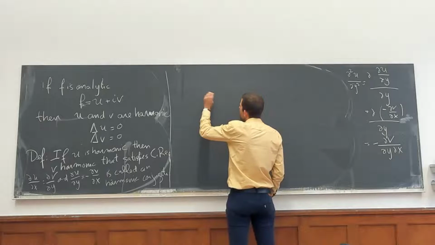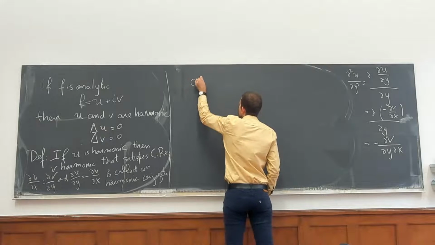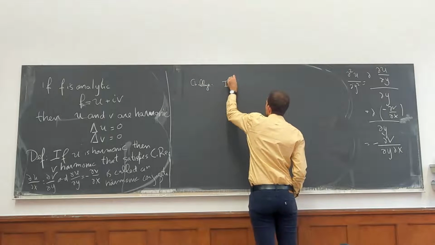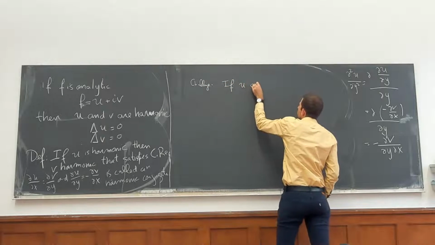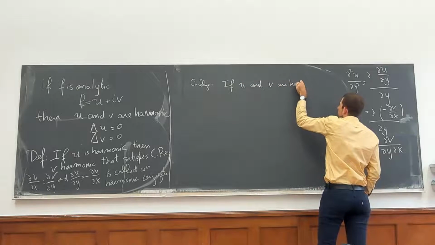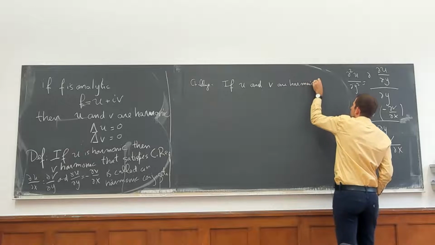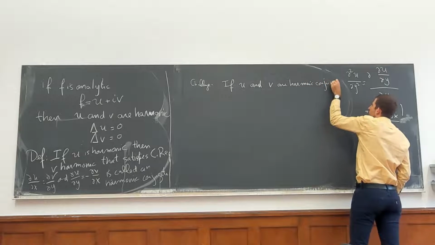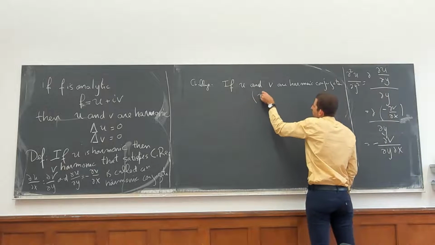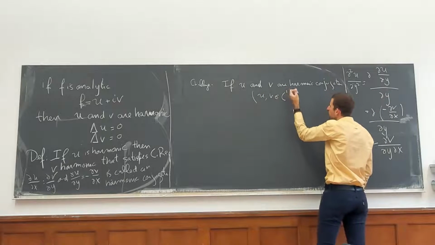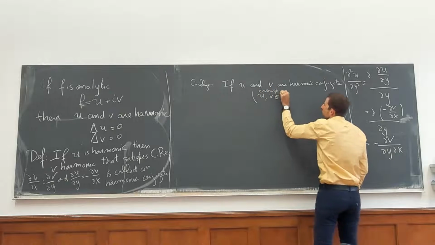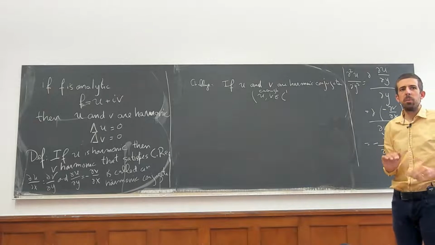And so let's say, challenge, or homework: if u and v are harmonic conjugates, in fact, all you need is u and v to be C1, and it's enough. For now, I'm not too worried about regularity.